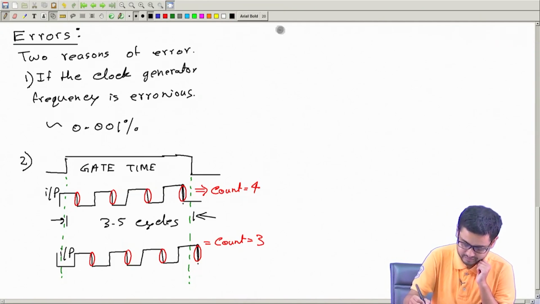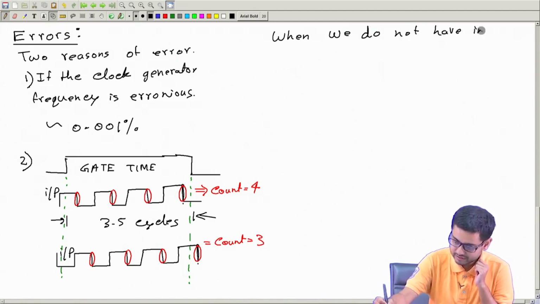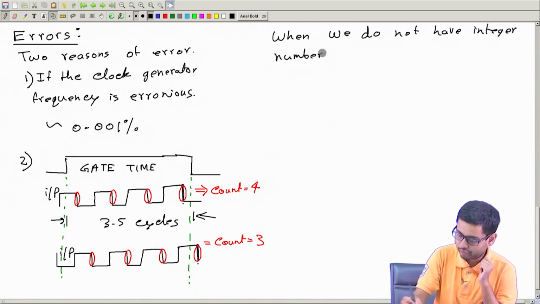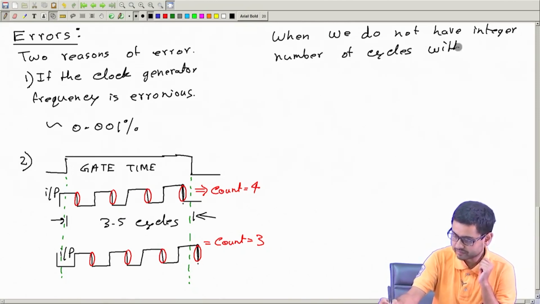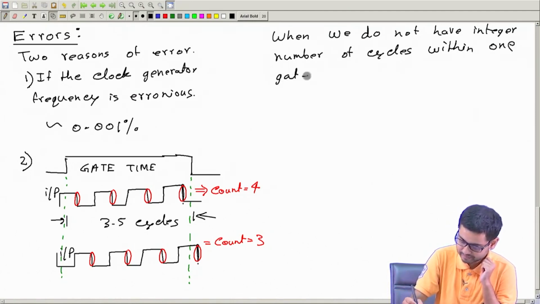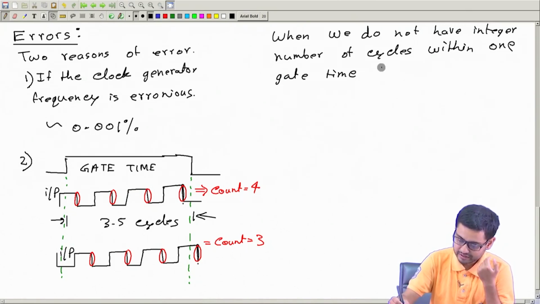So, when we do not have an integer number of cycles within one gate time, like this, we have 3.5 cycles, not 3 cycles, not 4 cycles, 3.5 cycles.